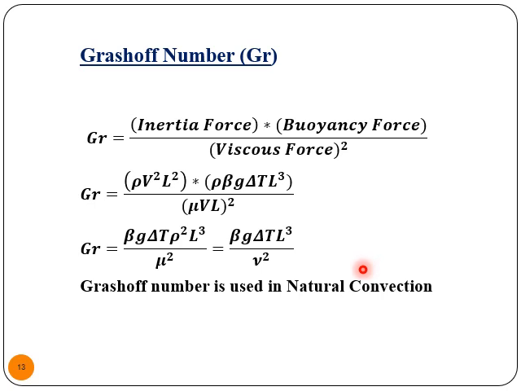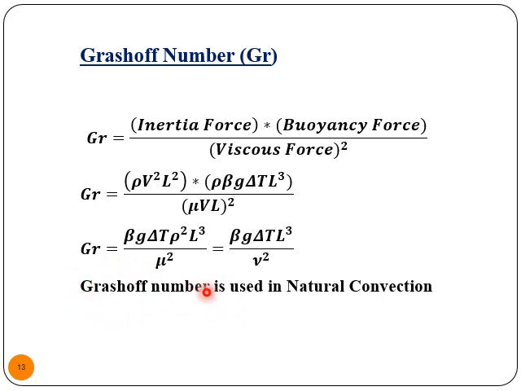So when fluid comes in contact with the hot surface, it gets heated up, and it moves up because of the change in the density. So there we have a term which is called as coefficient of thermal expansion, and this is related to buoyancy. So this number is used in the natural convection.